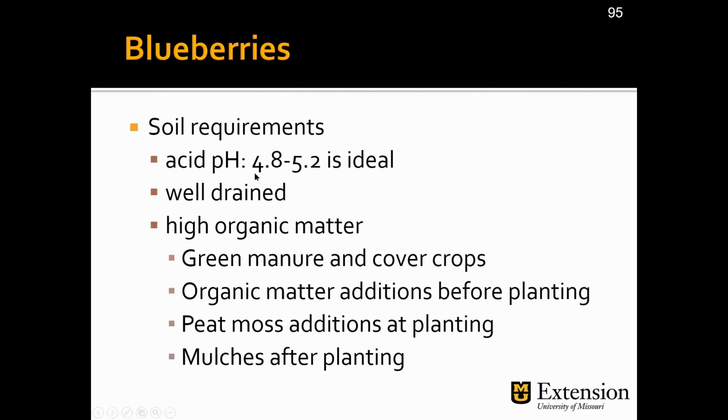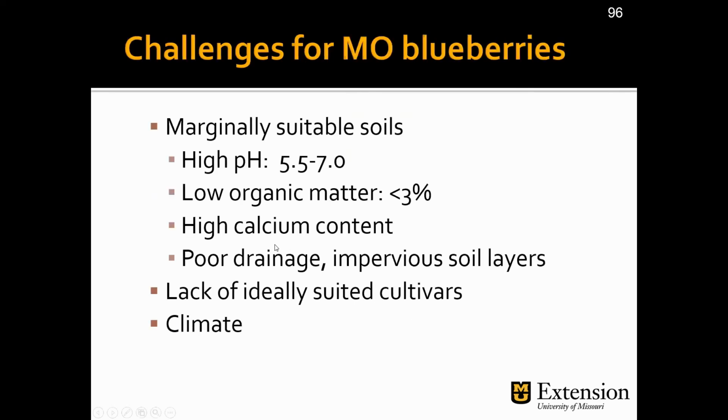Now, like I mentioned earlier, blueberries like acidic soils. They like well-drained soils, and they like soils with high organic matter. Now, the problem in Missouri is that most of the soils have a high pH. They have low organic matter. They have high calcium content.